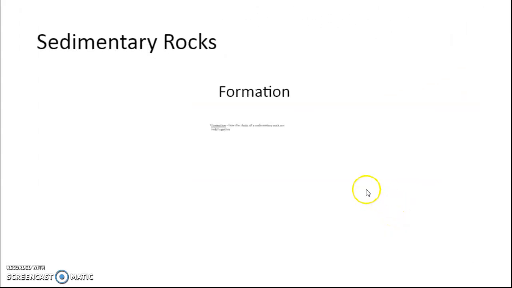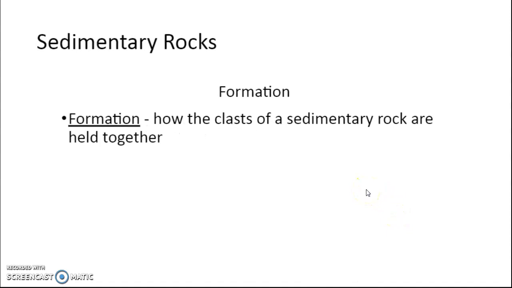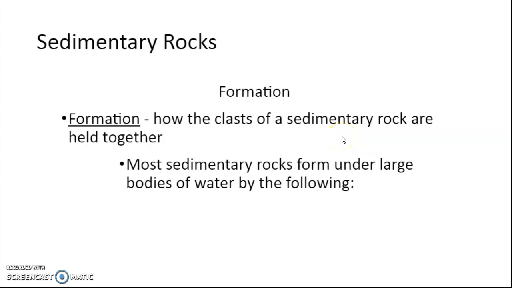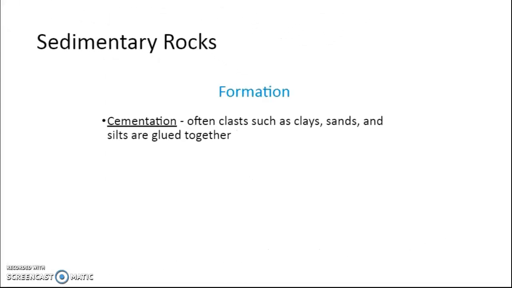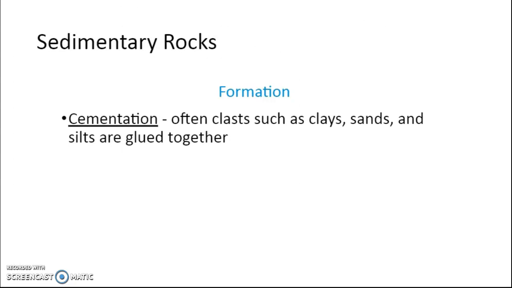The way that sedimentary rock forms is how the clasts of the sedimentary rock are held together. And so most sedimentary rock forms under large bodies of water in a couple of different ways. So let's look at one way called cementation. It just means that small particles like clays, sands, or silts are glued together.